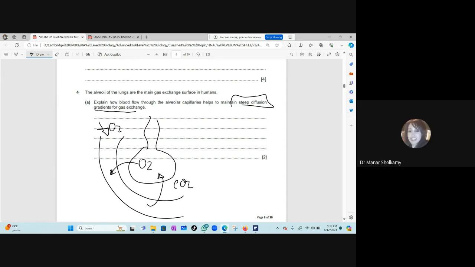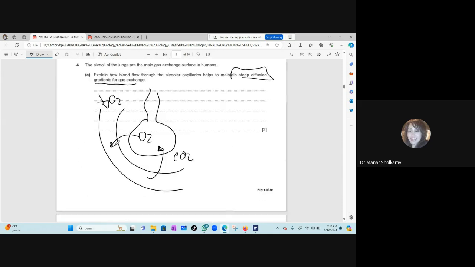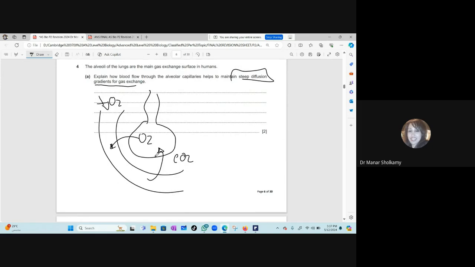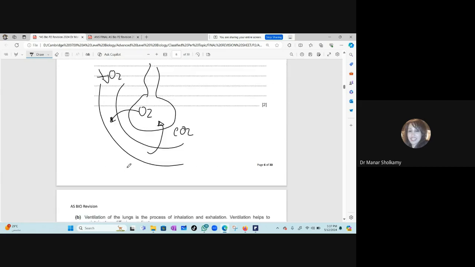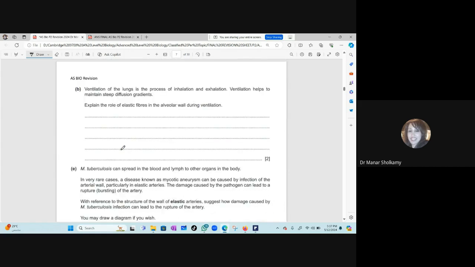Very good. Surprisingly, this question is common. Also, something else creates a gradient: hyperventilation, a high supply of oxygen and low supply of CO2 in the inhaled air. This also creates a concentration gradient and helps in gas exchange.